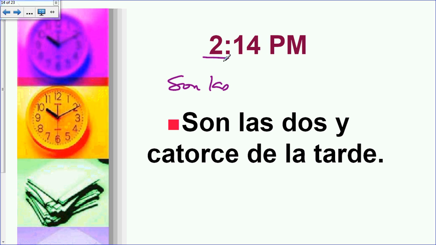Son las 2, dos. Add the amount of minutes, 14. p.m., 2 o'clock would be in the afternoon, de la tarde. So remember, always take son las, es la, add the amount of minutes, de la tarde, de la mañana, de la noche.